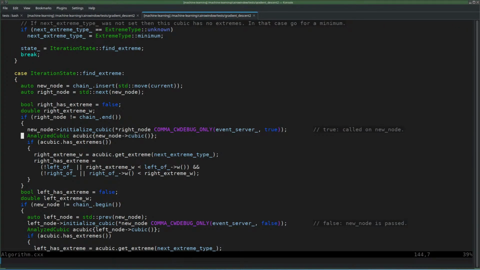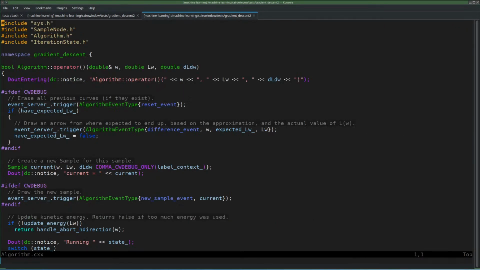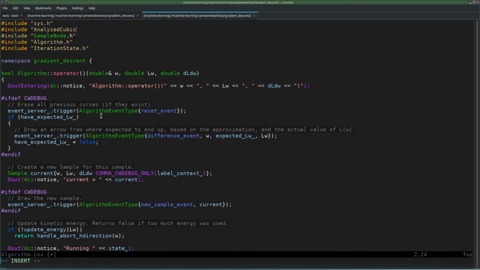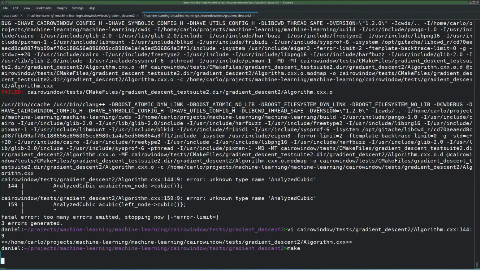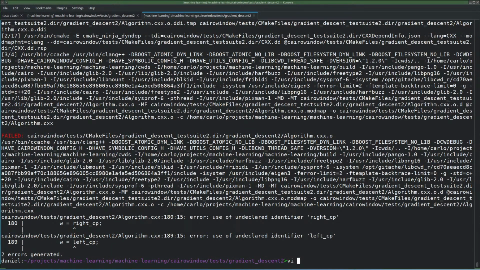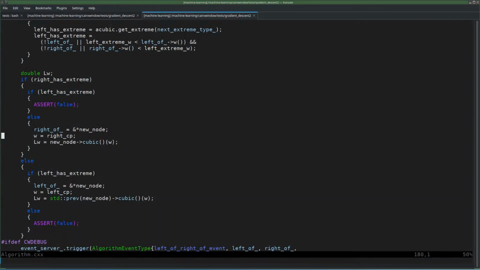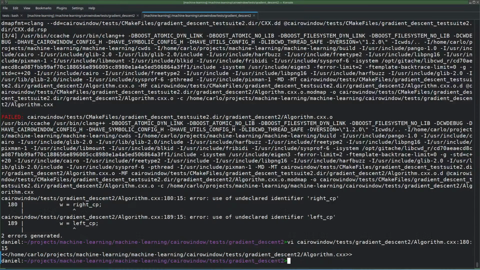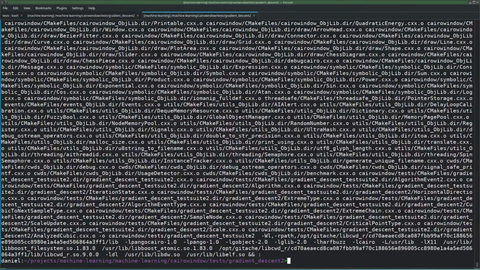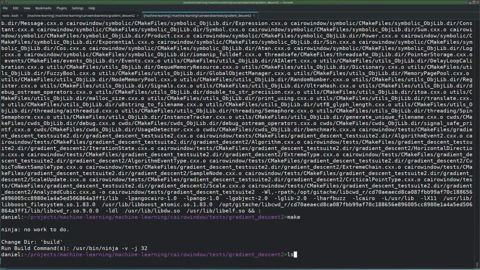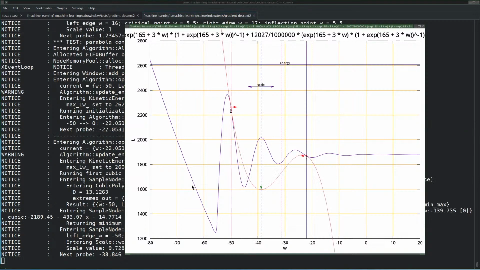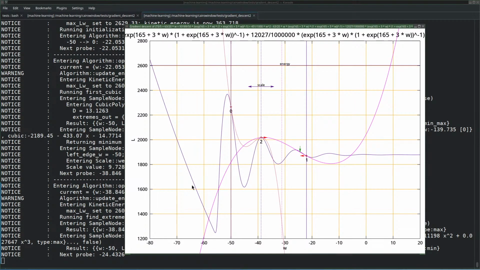Also adding the header. Well, we don't. The green arrow now moved here.